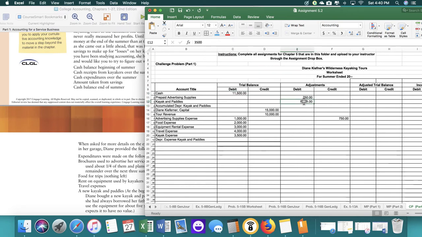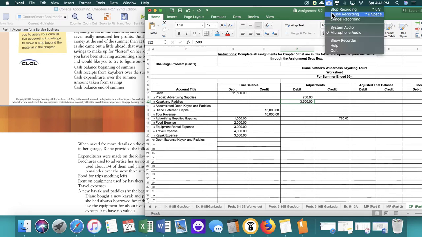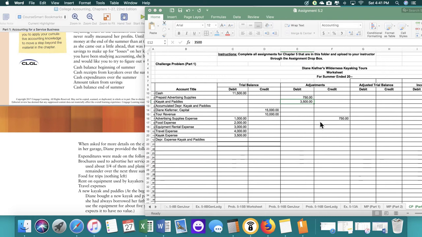But we need to figure out where we are going to put the extra $3,500. And in this case, because we really are not going to use kayak expense, and it shows that kayak expense was $3,500, we're actually going to credit that account because we need to get that to a zero because it's not an expense.